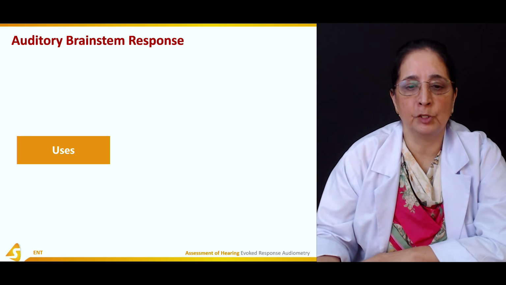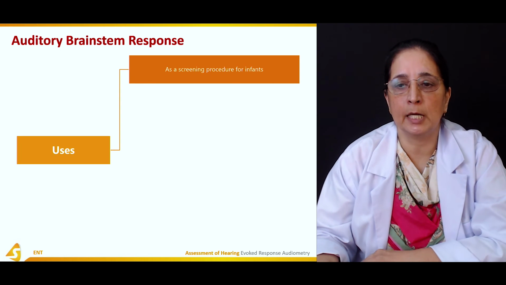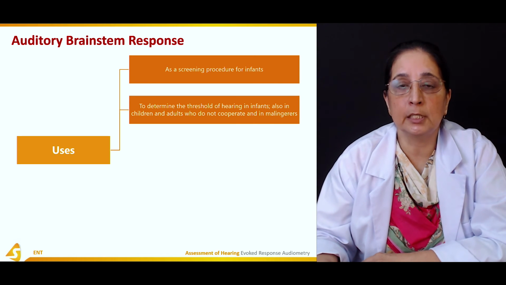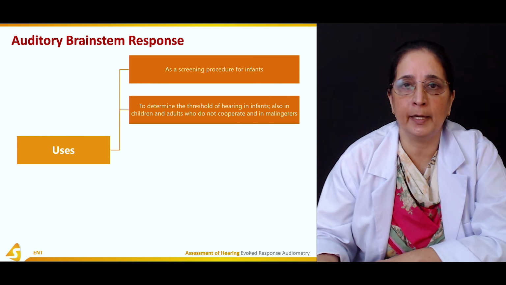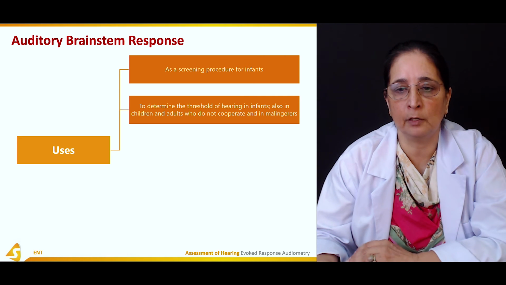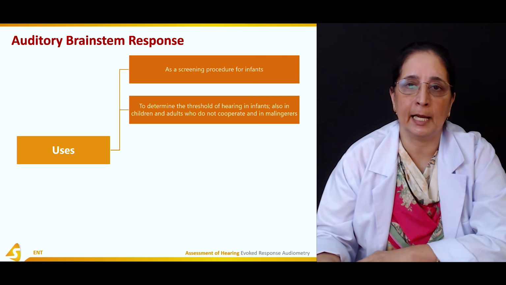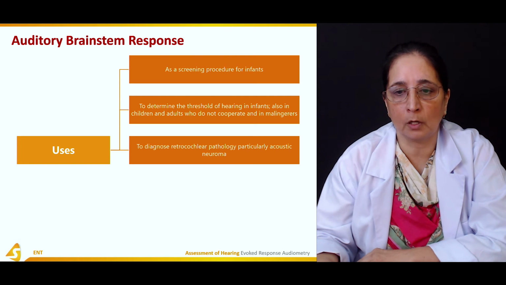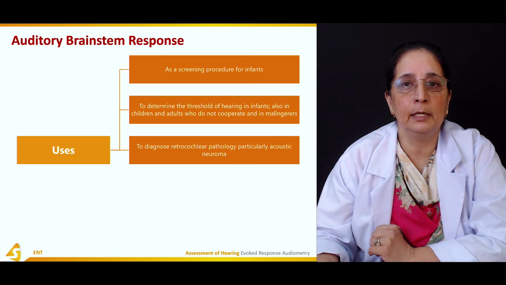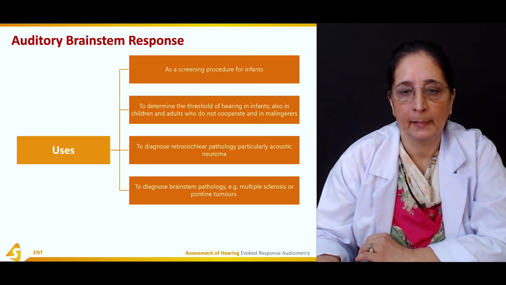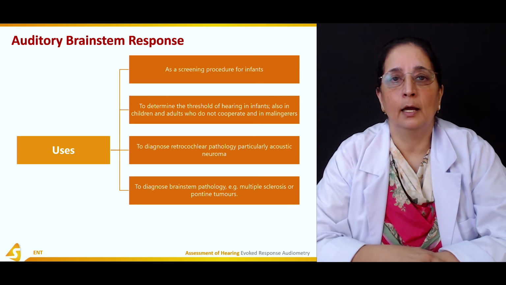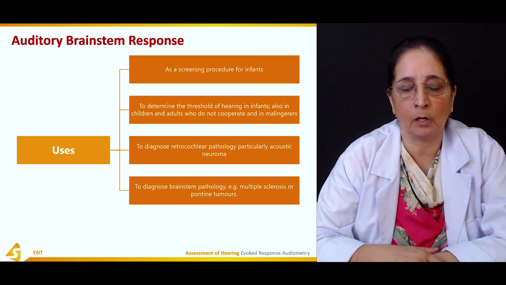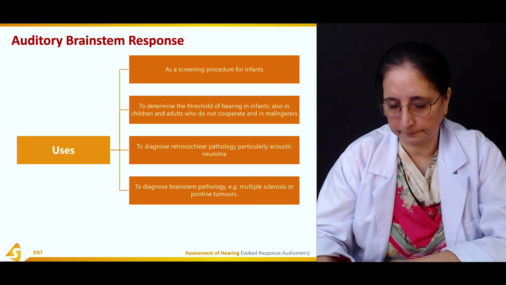Auditory brainstem response is used as a screening procedure for infants. It is used to determine the threshold of hearing in infants, also in children who do not cooperate and in malingerers. It is also used to diagnose retrocochlear pathology, particularly acoustic neuroma, and brainstem pathology like multiple sclerosis or pontine tumors.